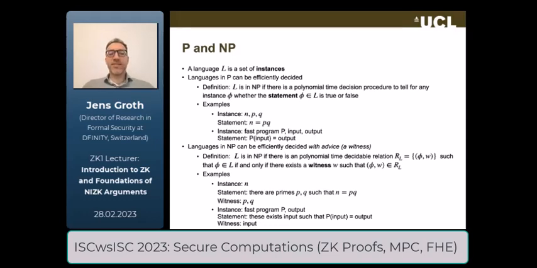As an example, you could have 3 integers n, p, and q, and they would be an instance in the language if n is the product of p and q. It's pretty easy to check this. You just plug in the numbers and check whether n is the product of p and q. We have efficient multiplication procedures. So that is an example of a language in P.